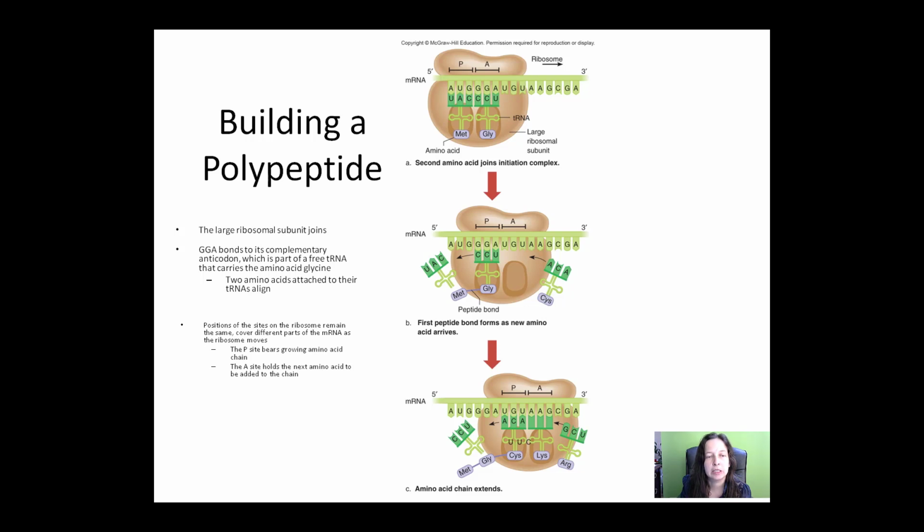The next tRNA comes in, bringing the amino acid glycine, and it has an anticodon CCU, which corresponds to GGA through complementary binding.